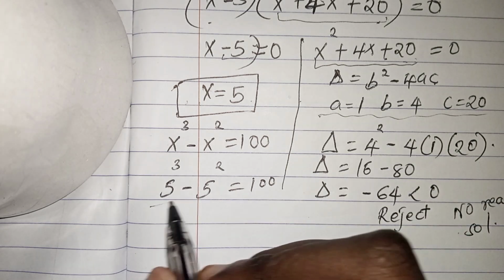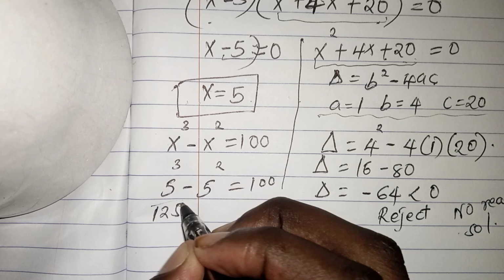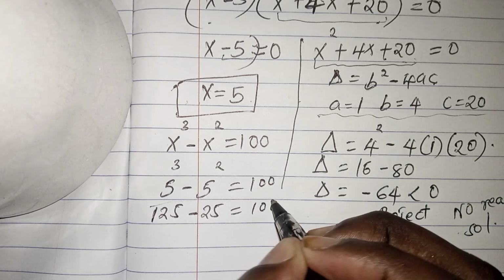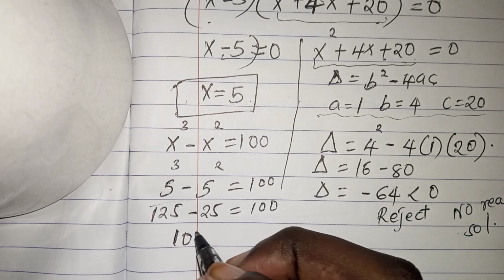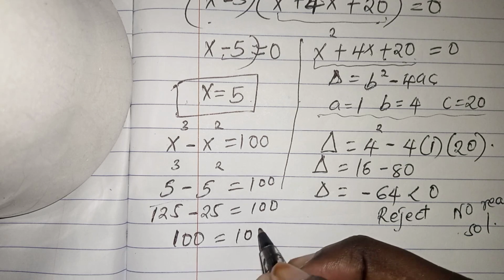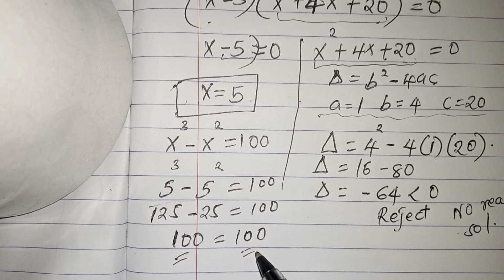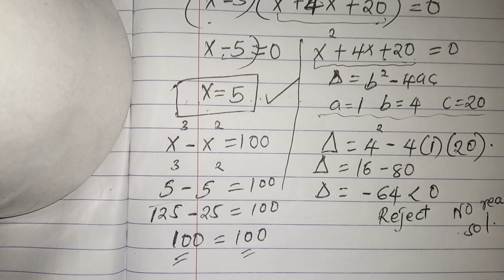So let us see if this will give us 100. So 5 cubed is 125 minus 5 squared, which is 25, is equal to 100. So 125 minus 25 gives us 100 is equal to 100, which is true. So our left hand side and our right hand side are the same, meaning x is equal to 5 satisfies our equation, and this is our real value.